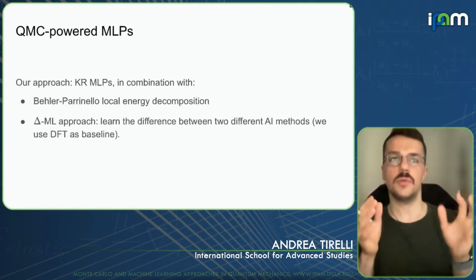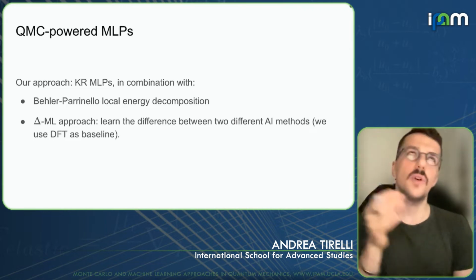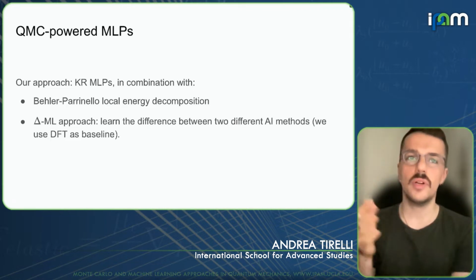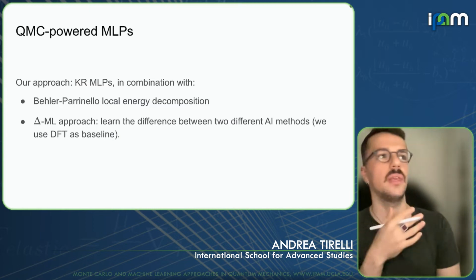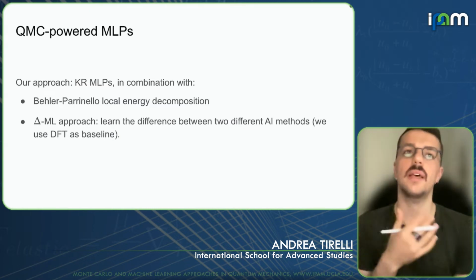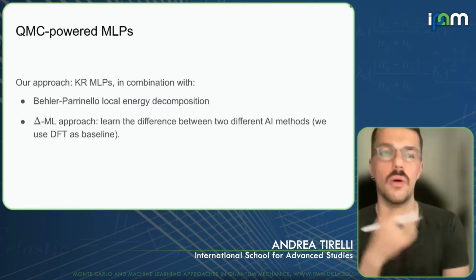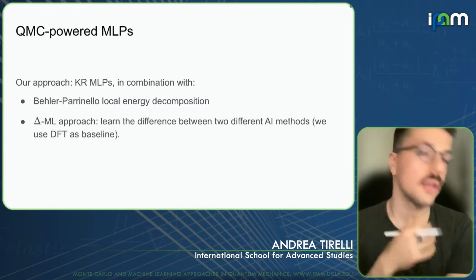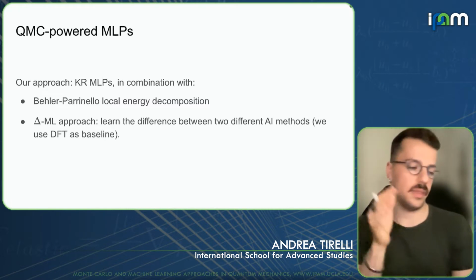So what did we do? Well, first of all, we tried some frameworks, and we were not really happy with the performances. So we then decided to build our own framework. And the ingredients of our framework are the following.